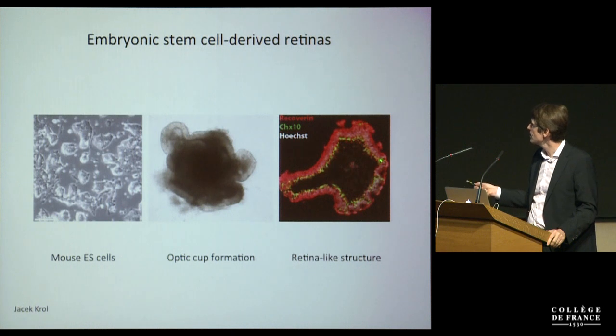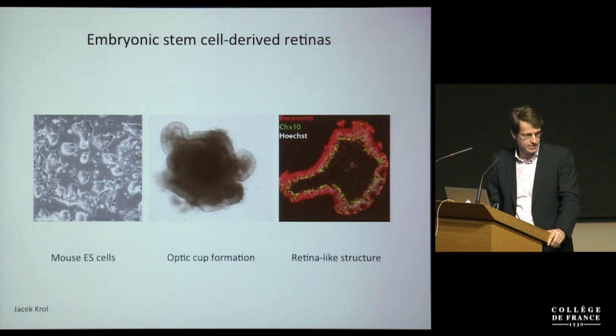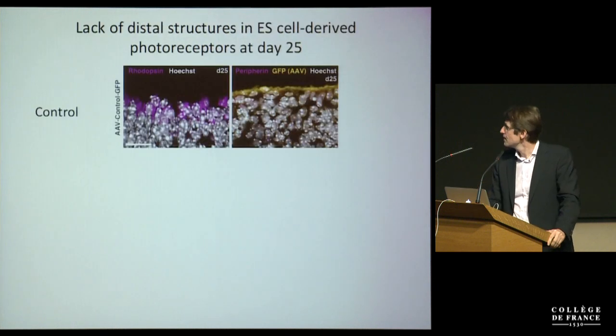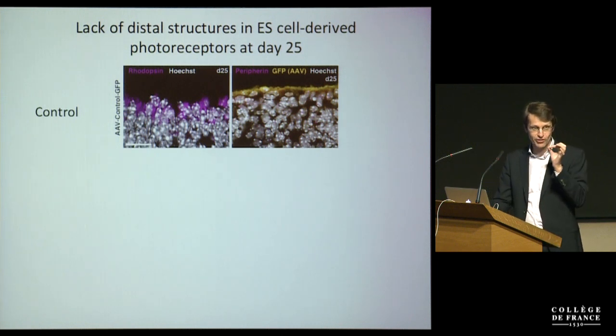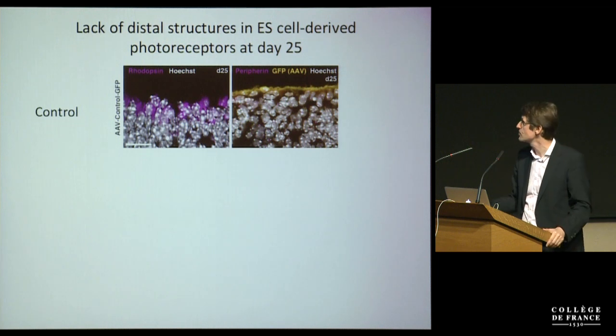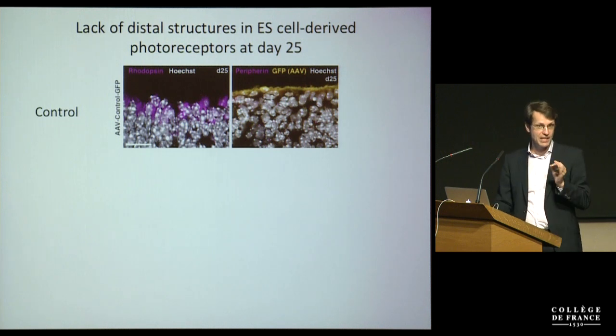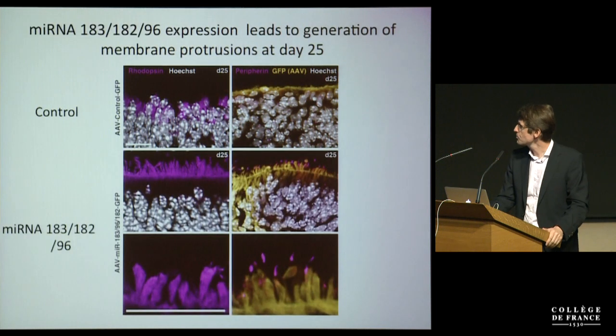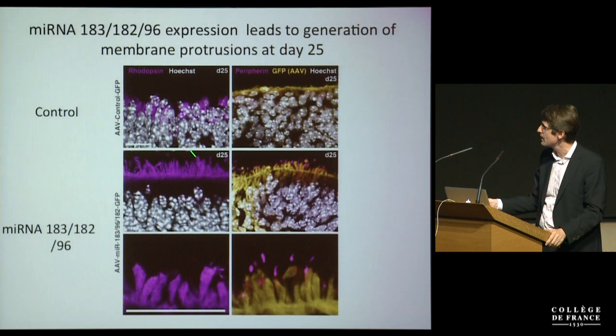When he stained them for opsins, rhodopsin, and for bipolar and ganglion cell markers, he could find these cells. But we looked very carefully, we repeated them, and there was no evidence for outer segments, and no one could record light responses from these structures. So we thought we would simply try out this microRNA. We put it into viruses, and it was Jacek Kroll who simply dropped them onto these cultures and observed a massive outgrowth of membranes once we added this microRNA.